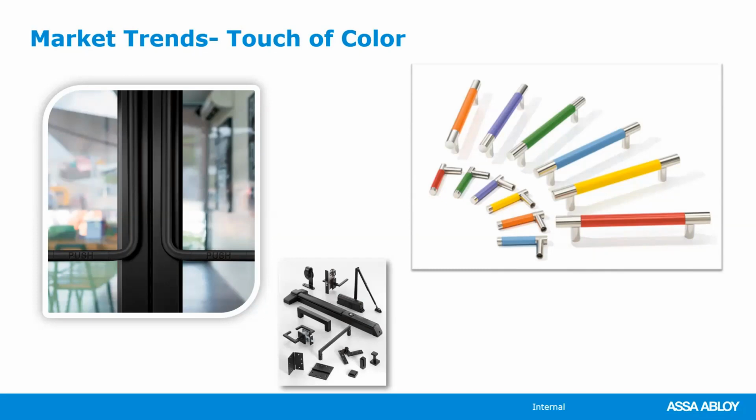And the nice thing about black is, whenever you order a project from ASSA ABLOY, we utilize the same color powder coat across all of our brands. So if you have a project that has all glass entrances, aluminum entrances, and then wood and hollow metal entrances, all of the different types of hardware that you see in this picture here will be exactly the same color and will look the same essentially throughout the entire building.